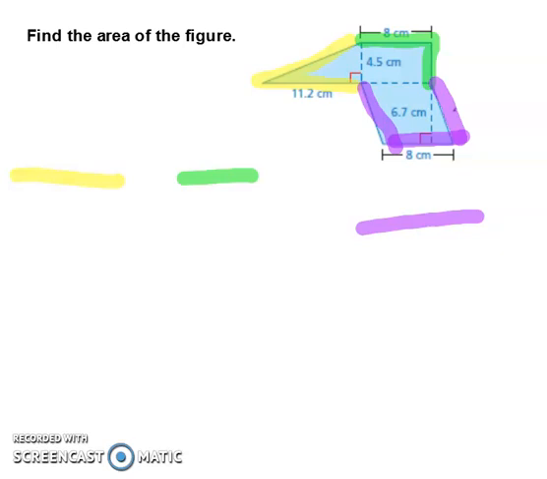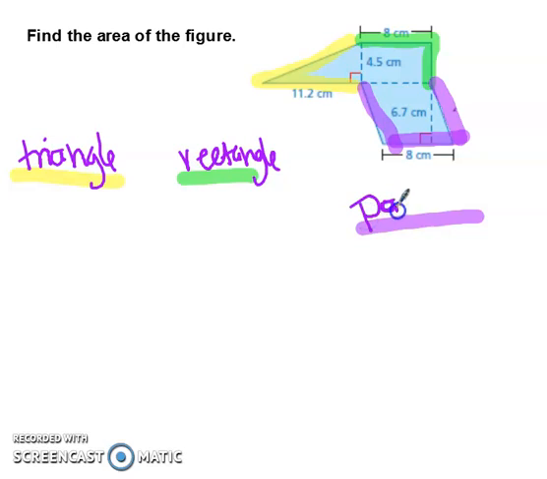So let's start with the triangle, the yellow piece. Area of a triangle. And then I have a rectangle and a parallelogram. Alright, area of a triangle. That's 1/2 base times height, or base times height divided by 2.